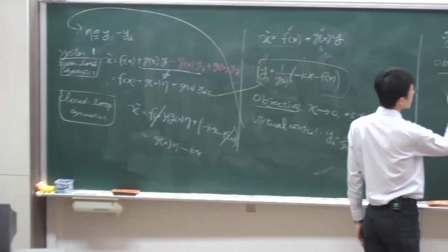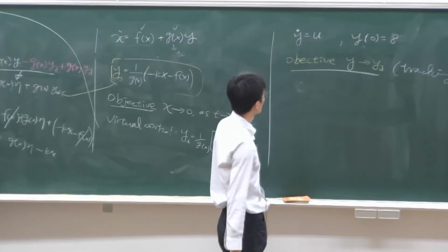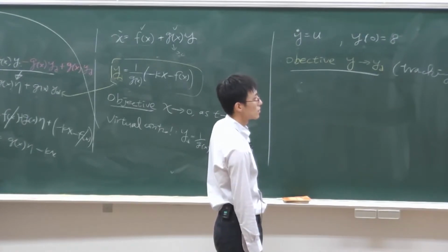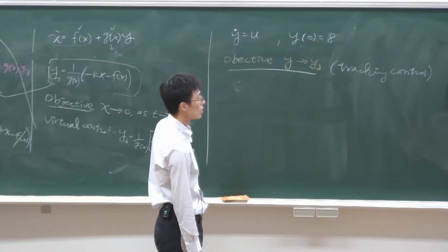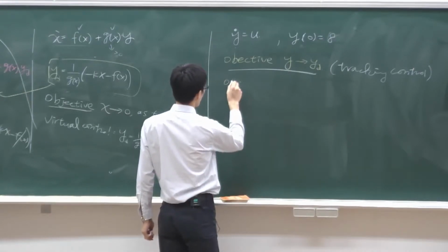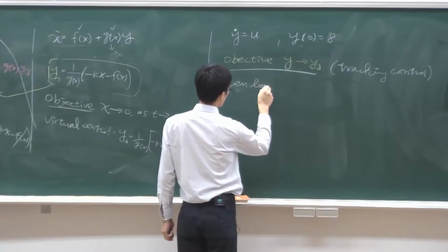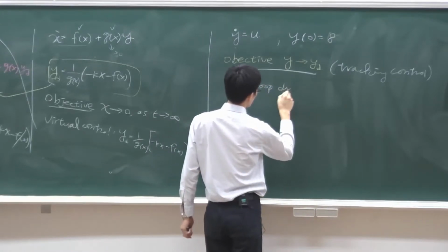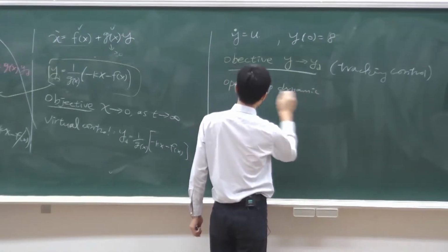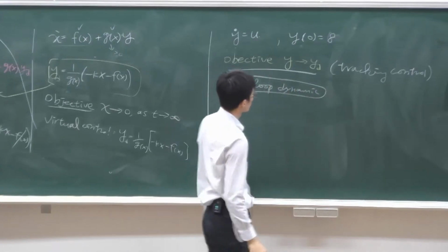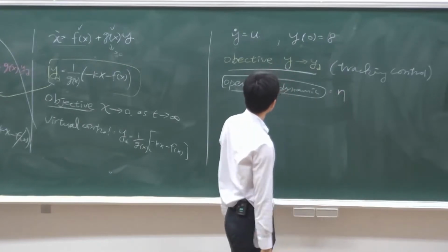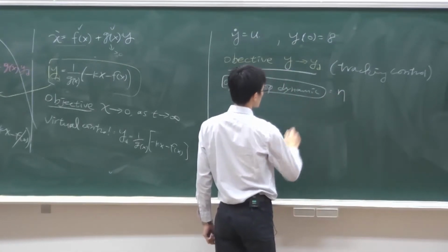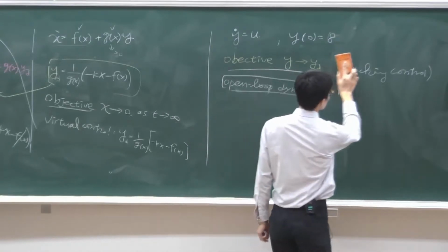Now we go back to here, and the open loop dynamics is this. So this is the open loop dynamics for the tracking problem. It's a tracking problem, right? So we want eta to go to 0.